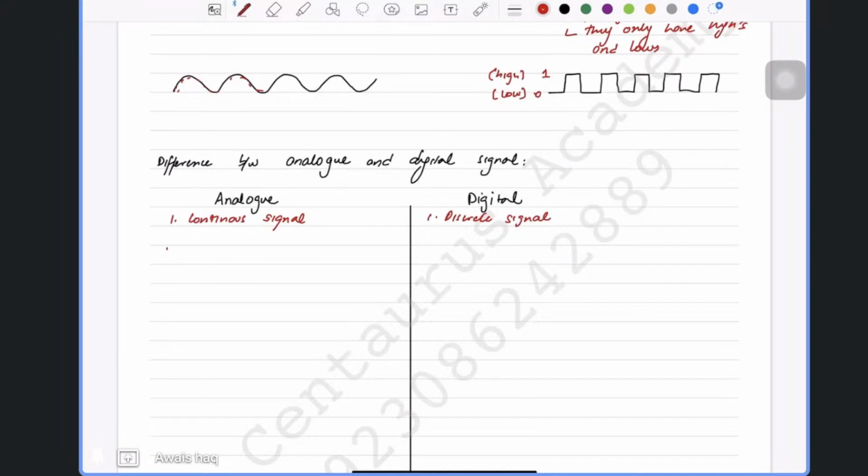Number two, these are represented by sine waves, as you can see, and these are represented by square waves. Square waves are like 0, 1, 1, then 0, 0, 0, 1, 1, 0, 1, like this. Do you guys understand that?